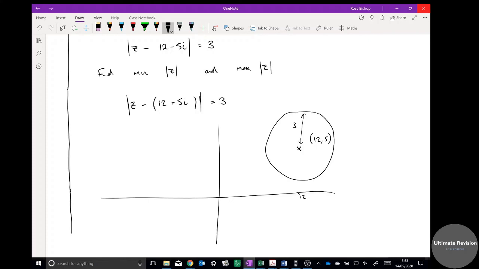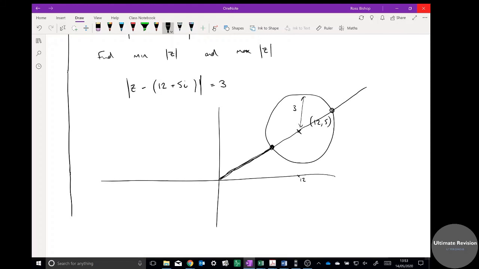Okay, now the minimum value of z will be when this point here, if I draw a line going all the way through, this is that point there, this distance is going to be the minimum value of z. So, okay, when that just hits the circle there, okay? And the maximum will be this point here. That's the furthest away that could possibly be, isn't it?